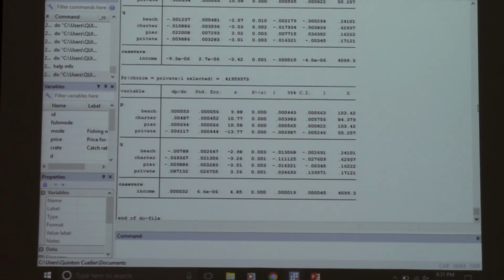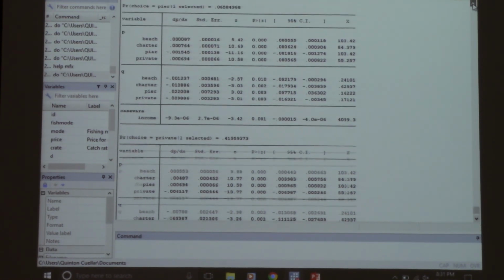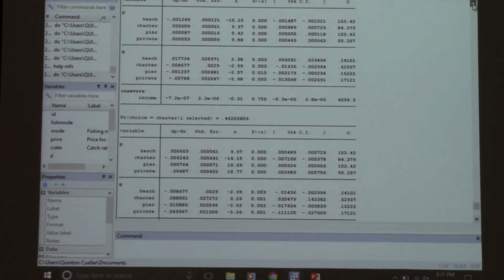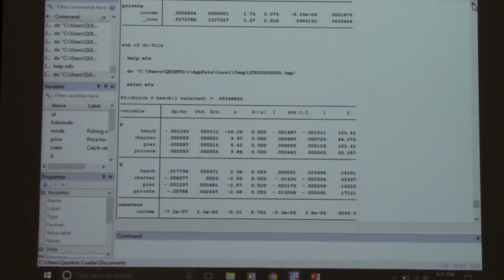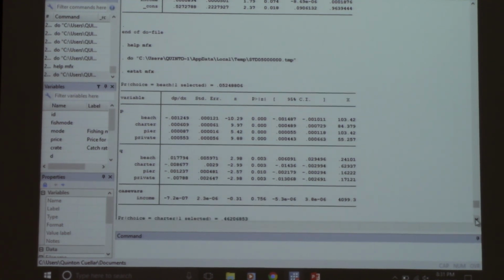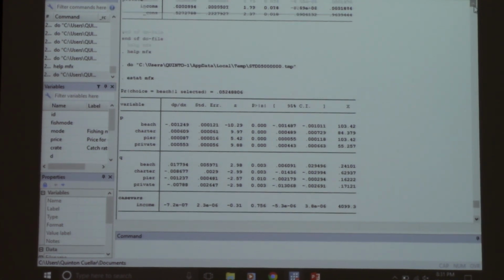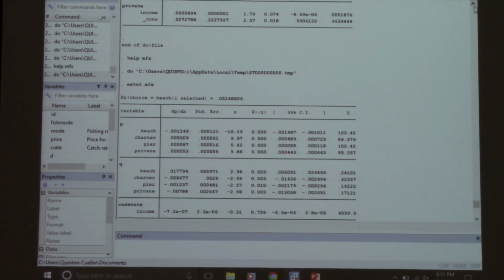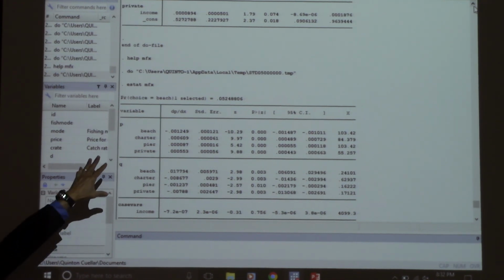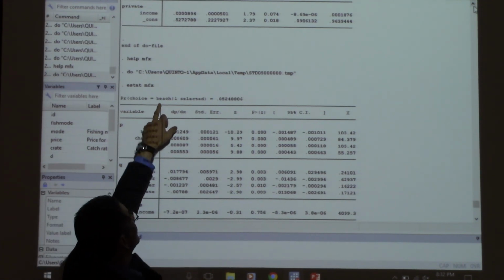So, like I said, what I like to do is I'll use the graphics from margins plots from our multinomial logit model, knowing, of course, that it's not the right model. But look at what we get here. We get our marginal effects, which tells us, and again, these are nonlinear also, but we get our marginal effects from our McFadden choice model. And again, this is for Beach.